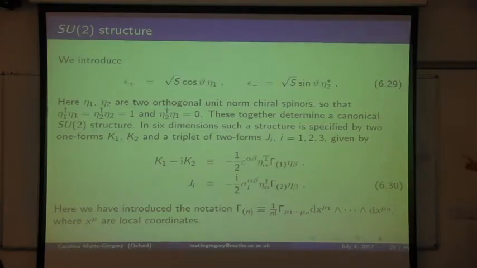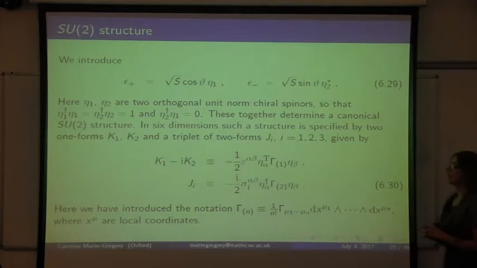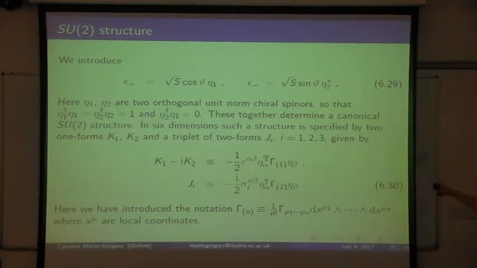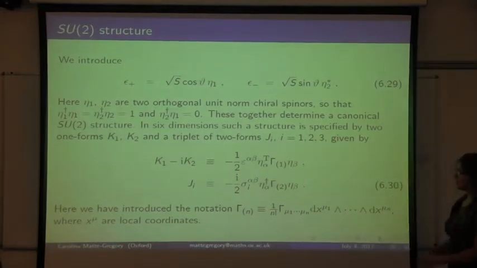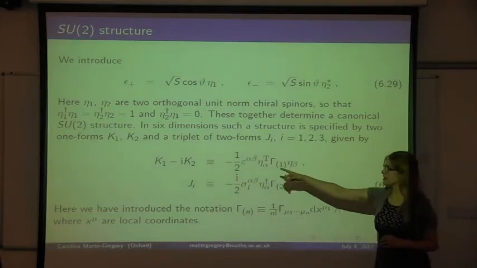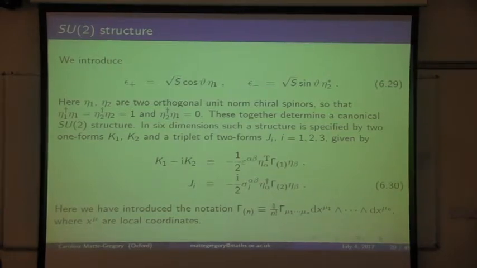So in 6 dimensions, this structure can be defined by these K1 and K2 one-forms and these J1, J2, and J3 two-forms. These are defined by this, but it depends on the size of your matrix. If you put a gamma of one size, then you have a 1-form and 2-form.